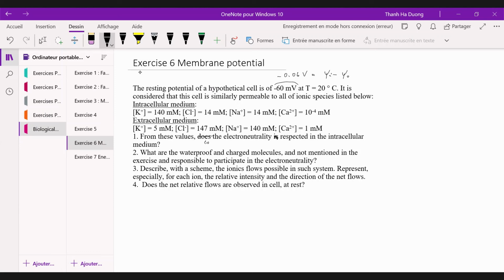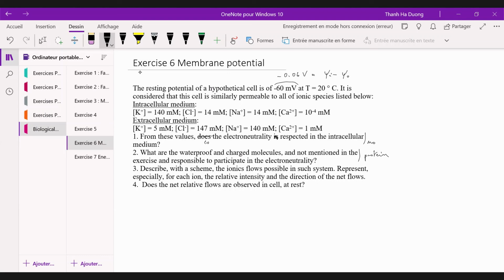Because the negative charge does not correspond to the positive charge. So the answer is no. So what are the water-soluble uncharged molecules, which are not mentioned in the exercise and which participate in the electron neutrality? So it will be proteins.